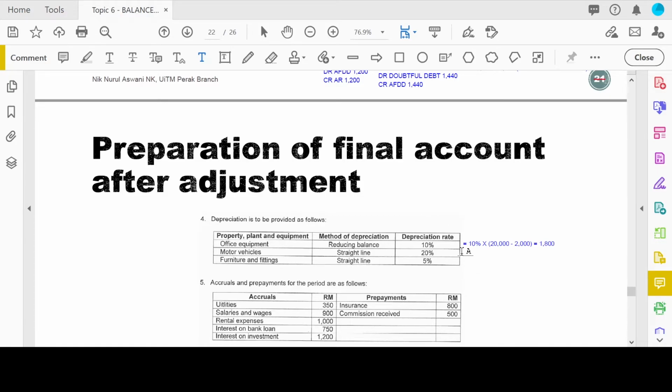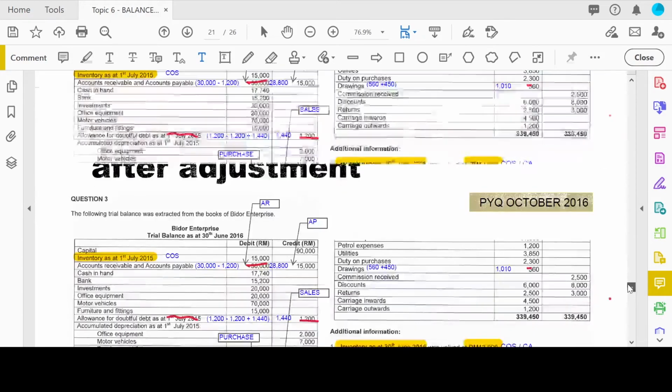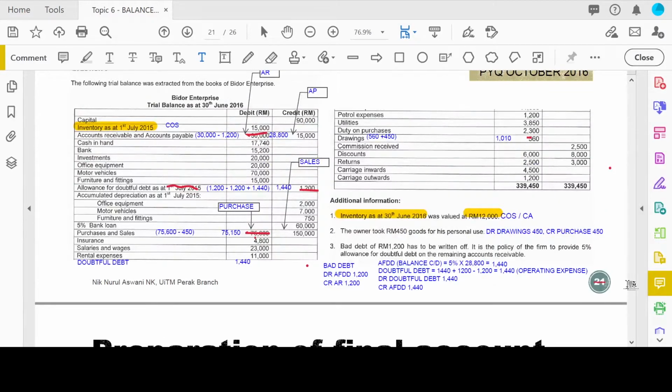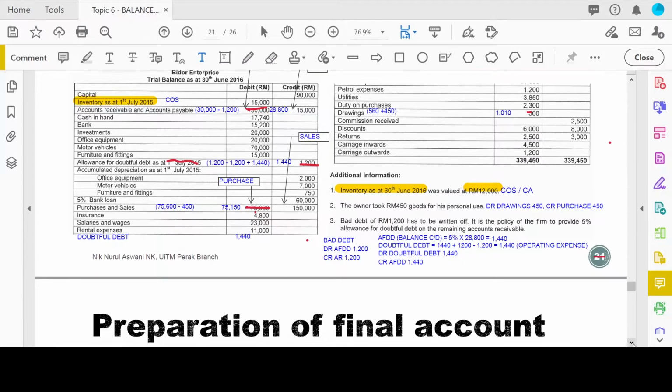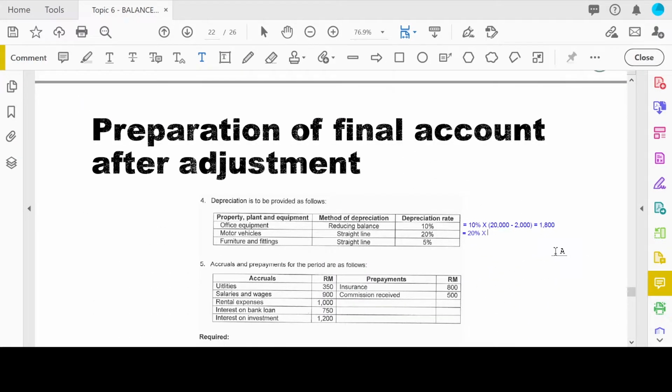For motor vehicle, straight line, 20%, meaning that this equals 20% on cost, because it used the straight line method. So 20% on the cost of motor vehicle. Motor vehicle is 70,000, so times 70,000, which is equal to 14,000.